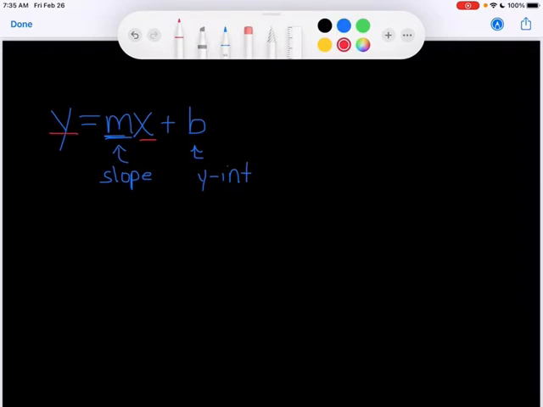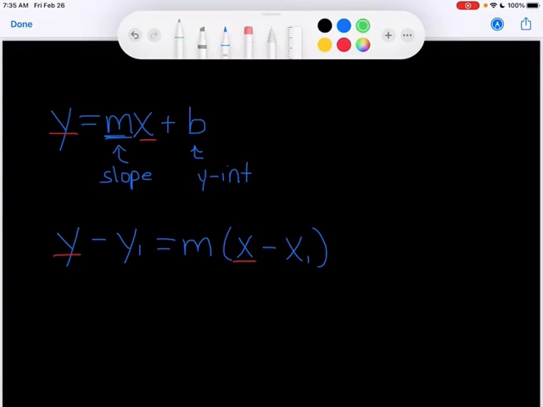All right, the next form is point slope form, and this one you use a lot when you're writing the equation. So we've got y minus y sub 1 equals m times x minus x sub 1. Now, just like the other one, y and x represent all the possible ordered pairs.